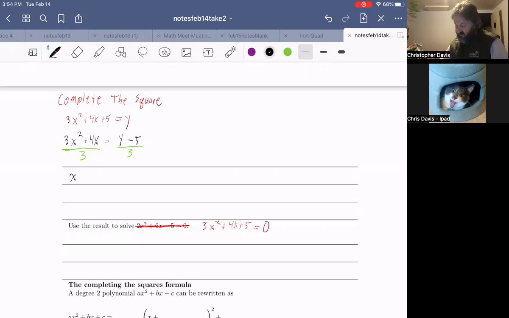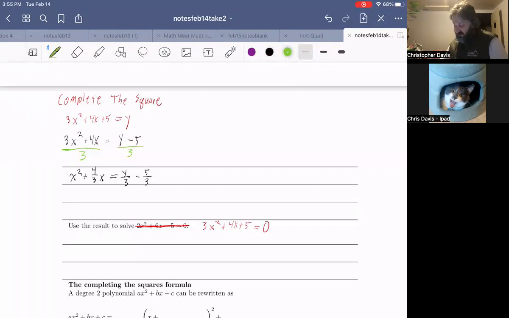And what do you wind up with? You wind up with x squared plus 4 over 3 x equals y over 3 minus 5 over 3. When you see addition or subtraction in the numerator of a fraction, you can distribute division over addition and subtraction. All right, cool.